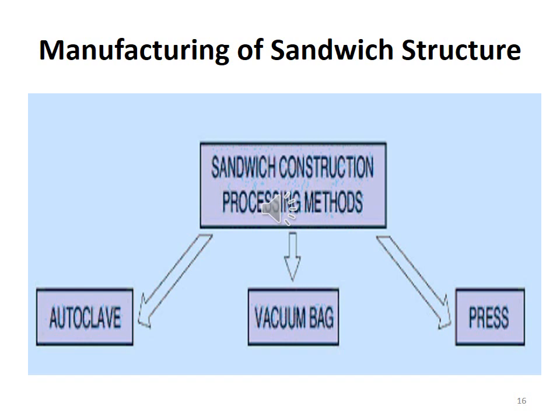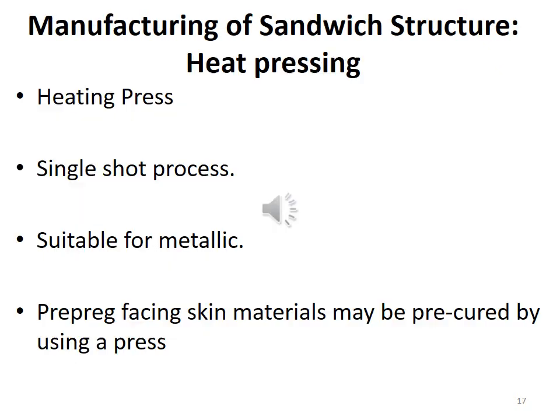Different processing methods have been used to construct the sandwich panels, which include the autoclave method, vacuum bag, and the pressing method. The heat pressing method is generally used for the production of flat boards and simple panels.